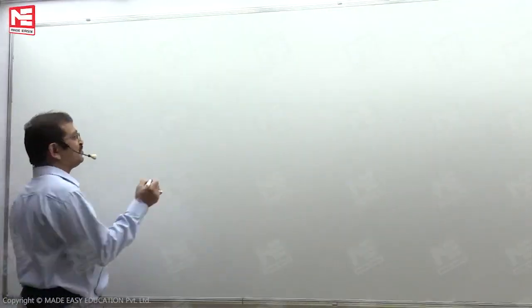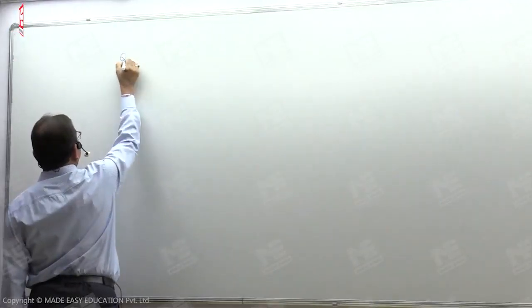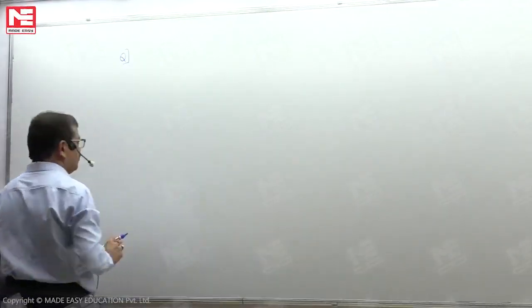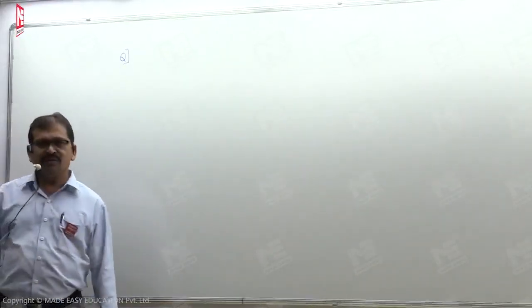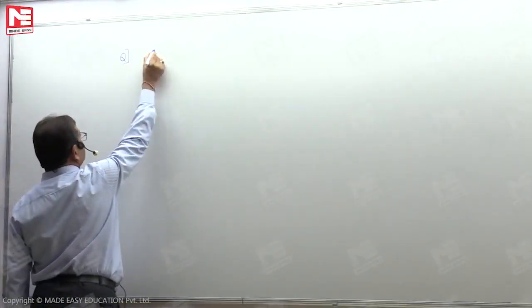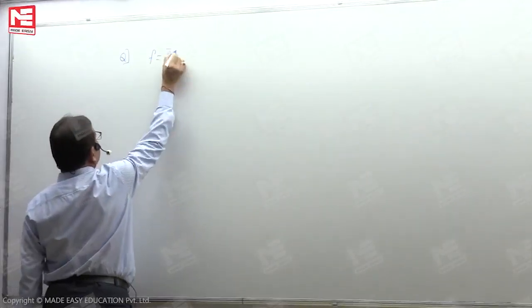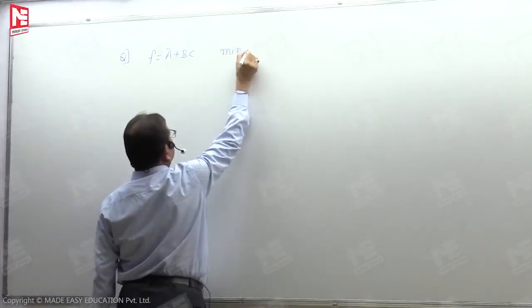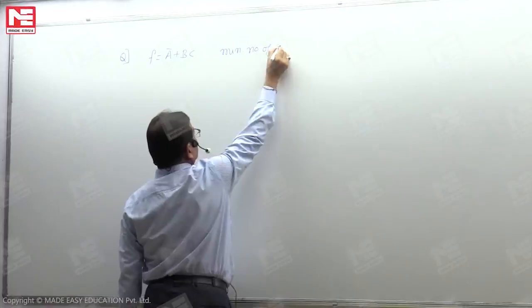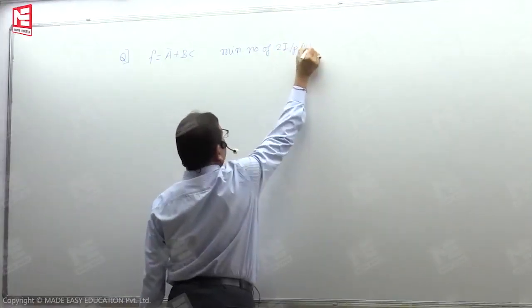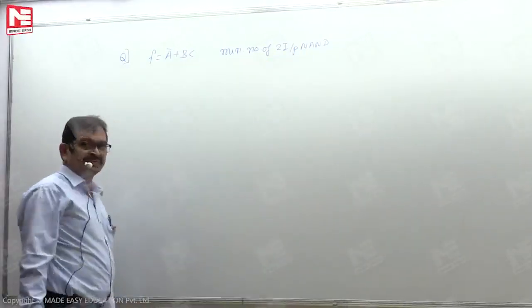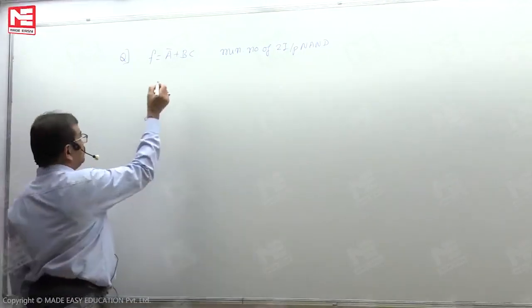A few questions. Let's take a question. The minimum number of 2 input NAND gates required to realize the Boolean function f equals A and (BC) complement.